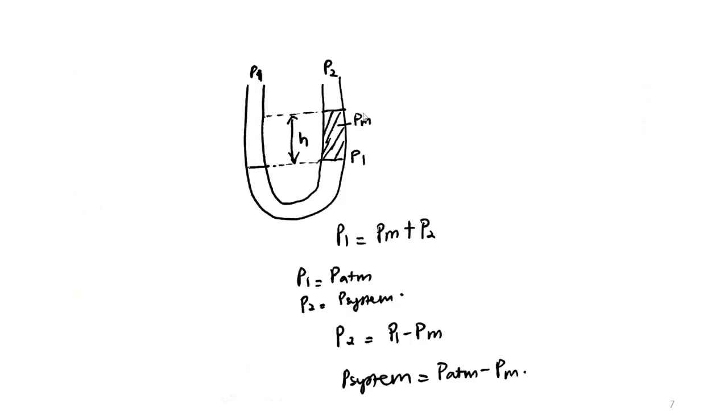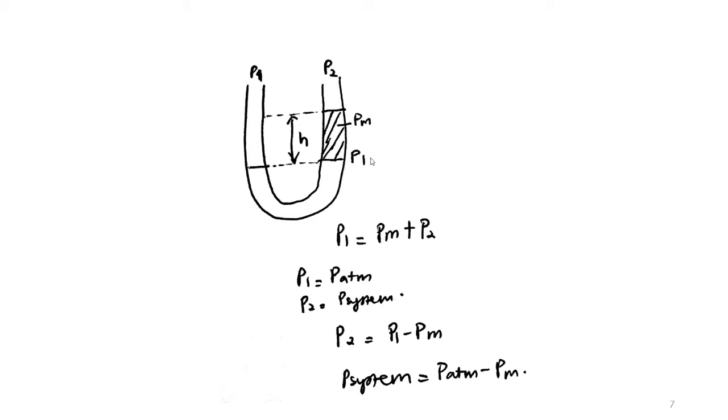Right, so if you have, for example, P1 and P2 again, this is the level for P1. So if you go across here, P1 is this whole thing, right?